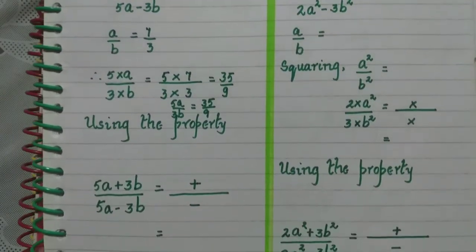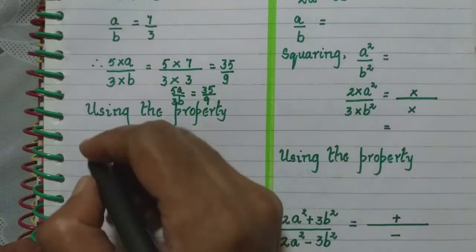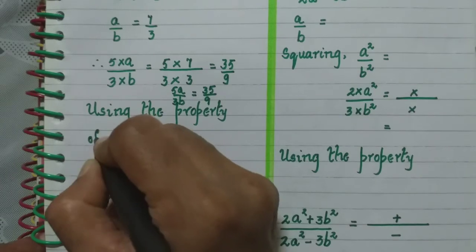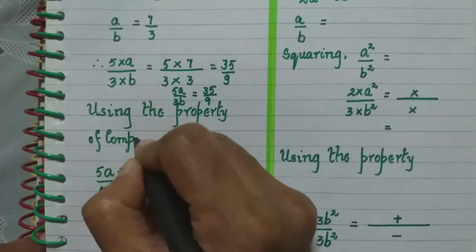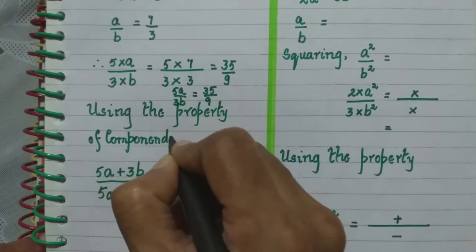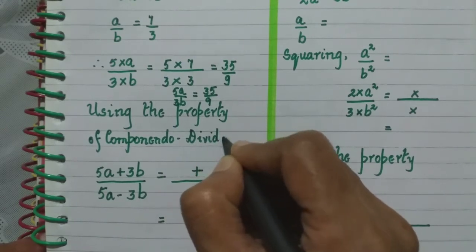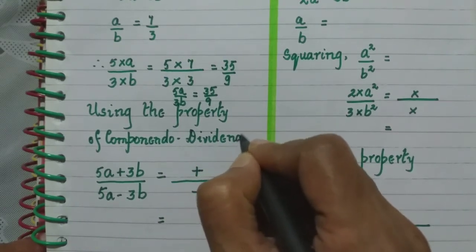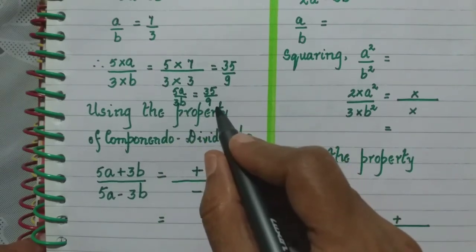So we apply the property of componendo dividendo, now that we have 5a upon 3b equal to 35 upon 9.